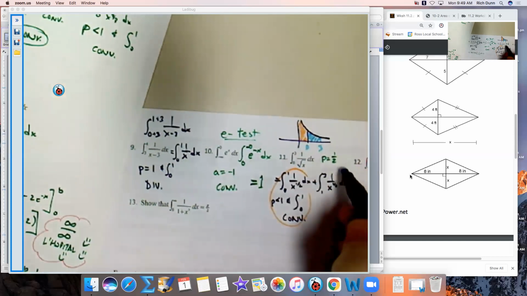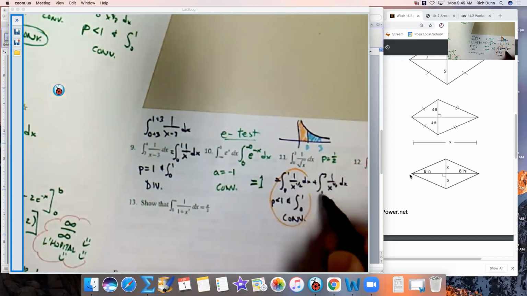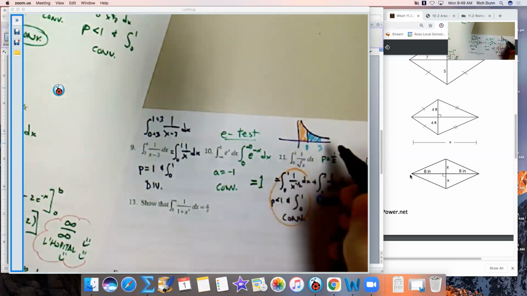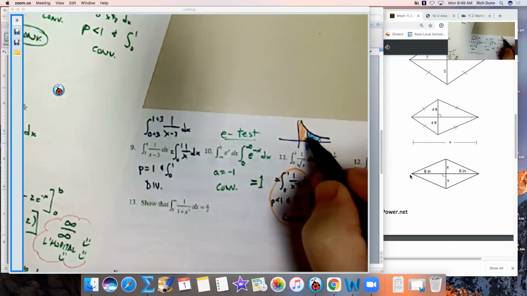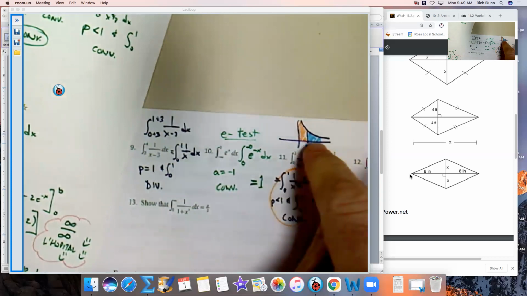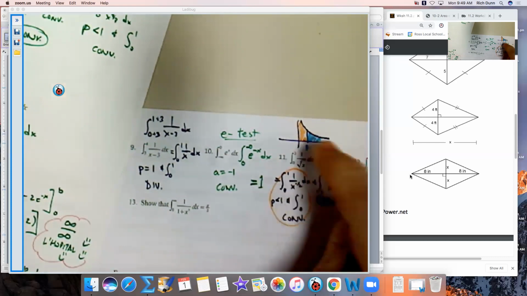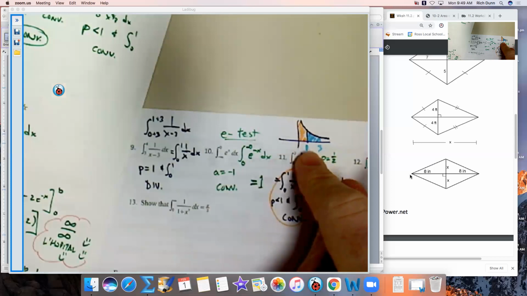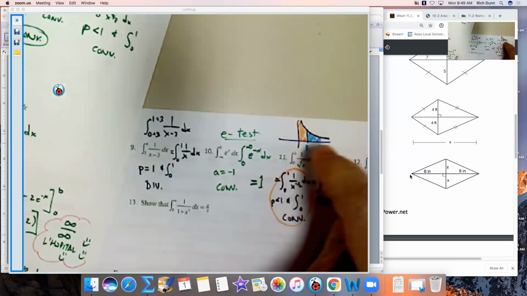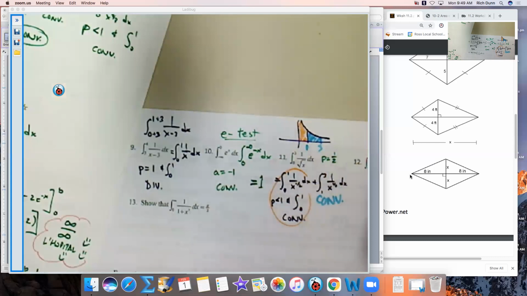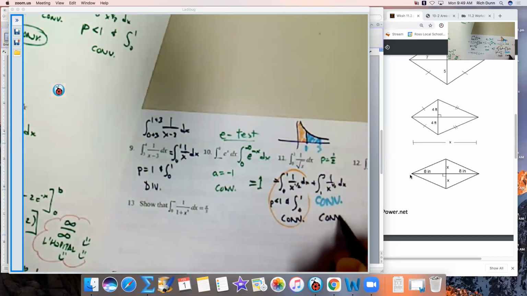This one's not even improper, so this one will converge just because that's what we've always been doing: area under the curve, bound by the x-axis, the function, and the lines x equals 1 and x equals 3. Therefore, that converges. When both of these converge, the whole thing will converge.